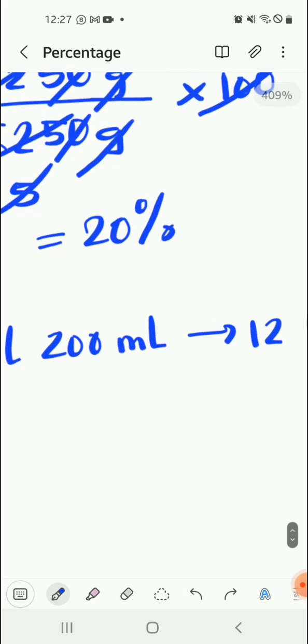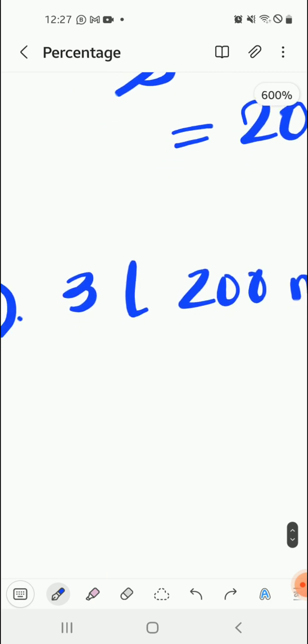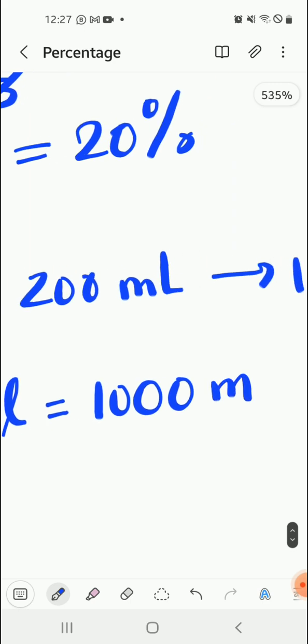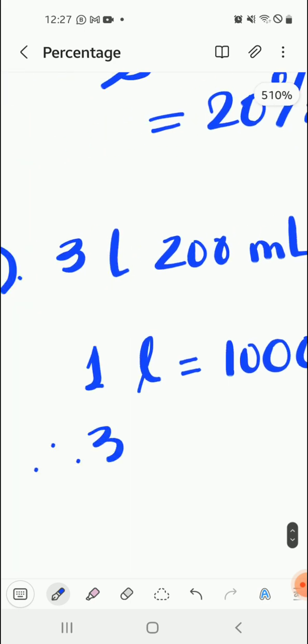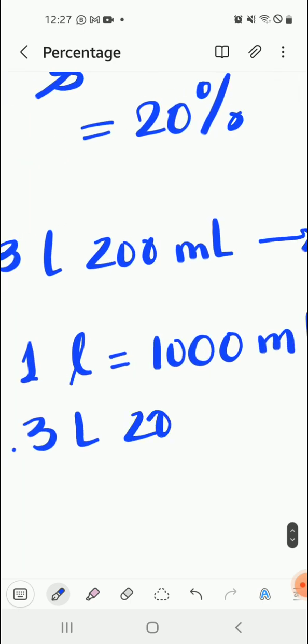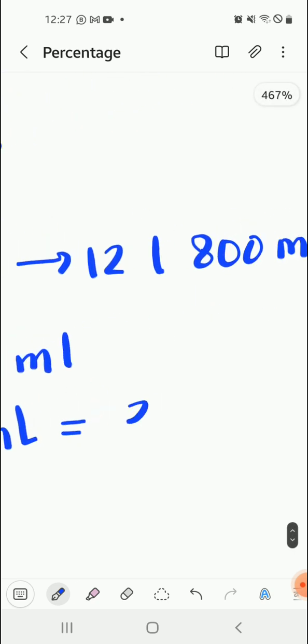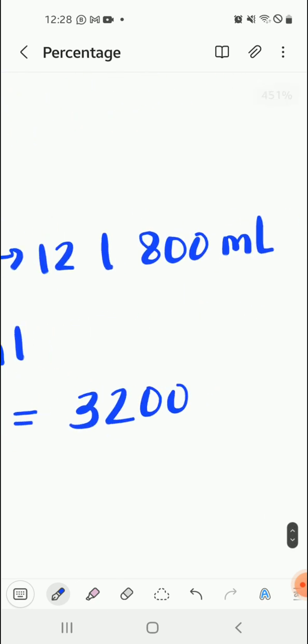So we will convert liter, being the bigger unit, to the smaller unit. 1 liter is equal to 1000 ml. Therefore, we can say that 3 liter 200 ml will be 3 into 1000, 3000, plus 200, that is 3200 ml.